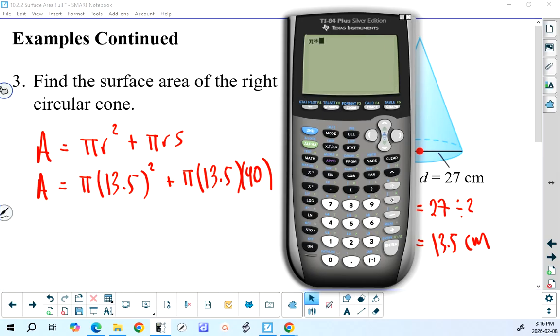Pi times 13.5 squared plus pi times 13.5 times 40. Pi times the radius squared plus pi times the radius times the slant height. That's it. 2,269 square centimeters.